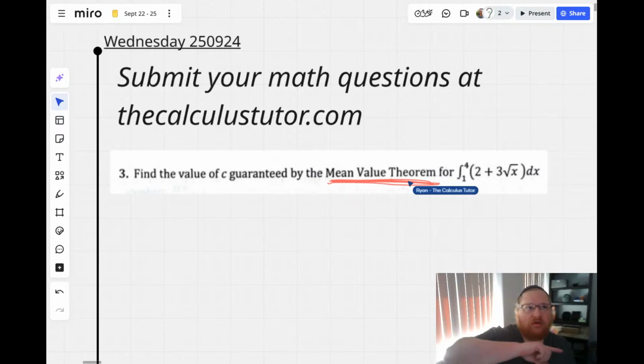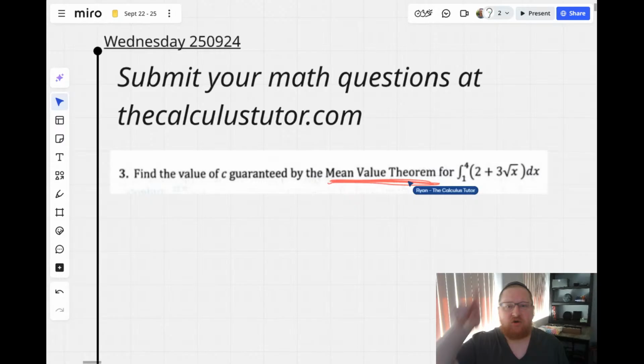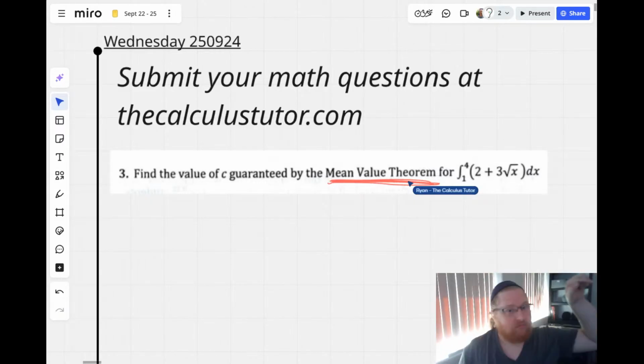So if you have any old function, right? It can be curvy, it can be a straight line, increasing, decreasing, whatever. The mean value theorem just says that if it's continuous, so it doesn't break, it doesn't have any open dot holes, it doesn't have any asymptotes, those are all discontinuities, it doesn't have any jumps, anything like that. It has to just be a fully continuous curve over some interval.